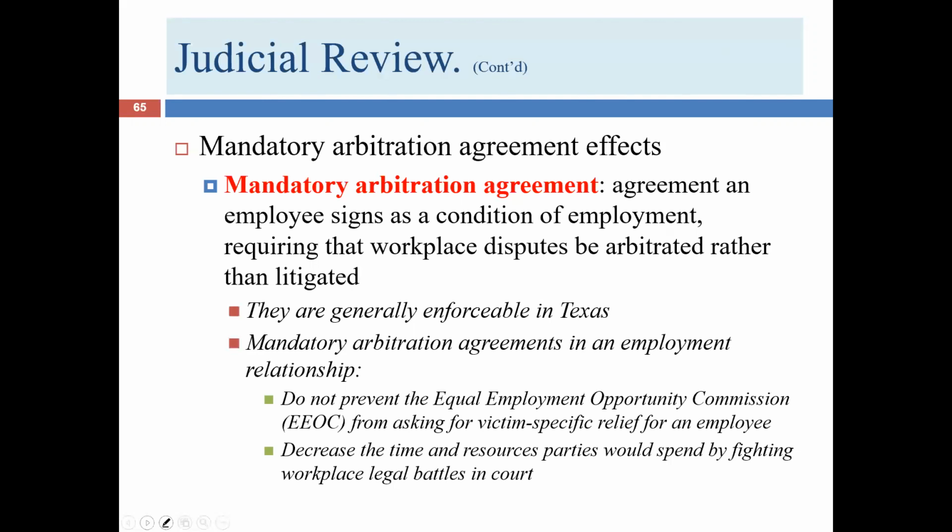So what happens in the situation where Bob has signed an arbitration agreement, he is terminated, he files a discrimination claim with the EEOC, the EEOC finds probable cause and decides to litigate on Bob's behalf? Well, does that arbitration clause kick in? Well, it definitely would have kicked in if the EEOC had issued a right to sue letter and Bob was going to have to find his own counsel.